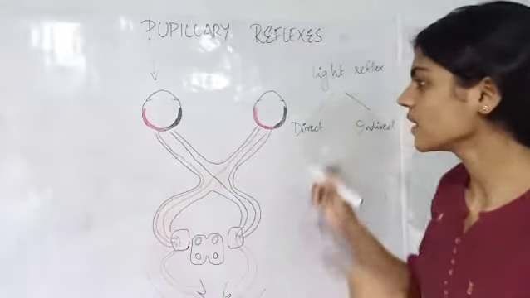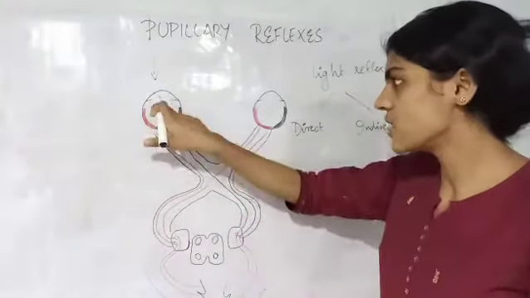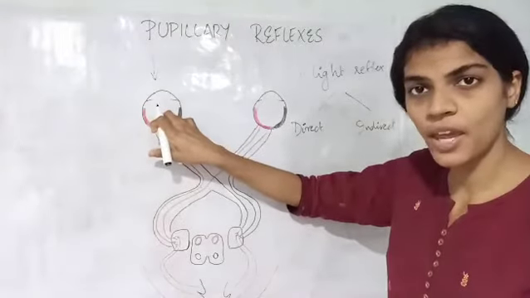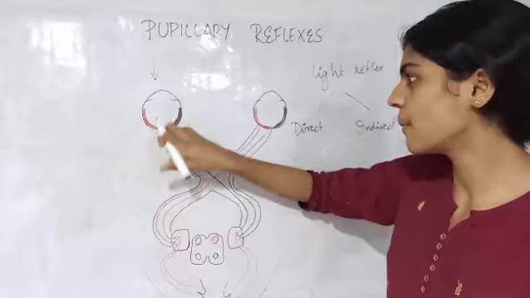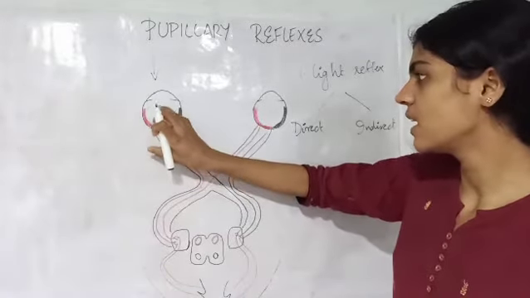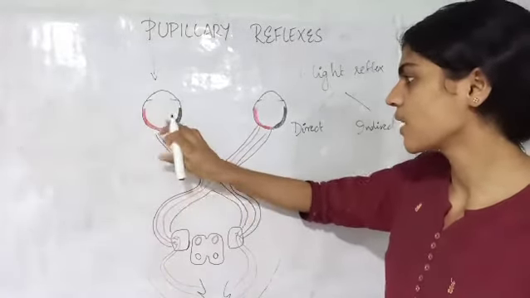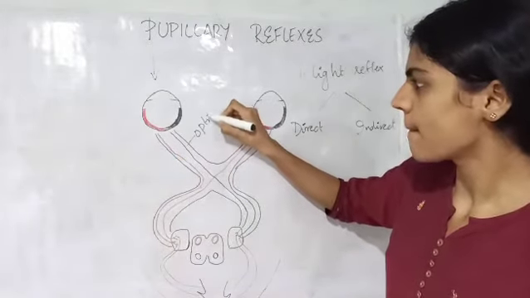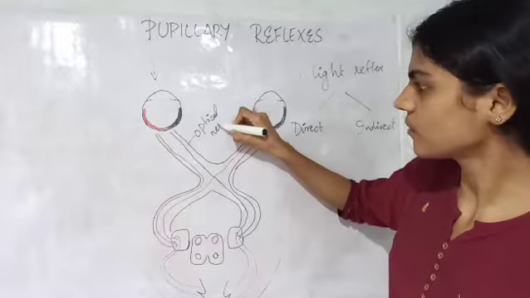When the light is directed into the eye, it goes into the retina, from which temporal and nasal nerve fibers go through the optic nerve.